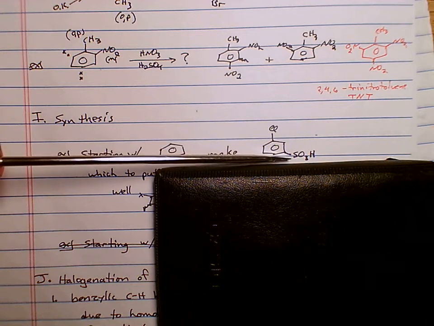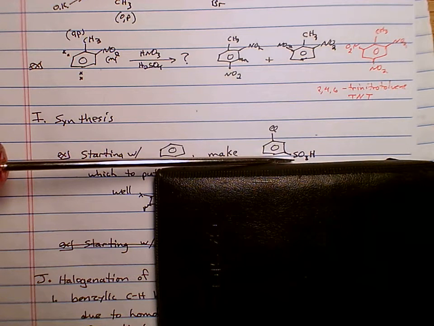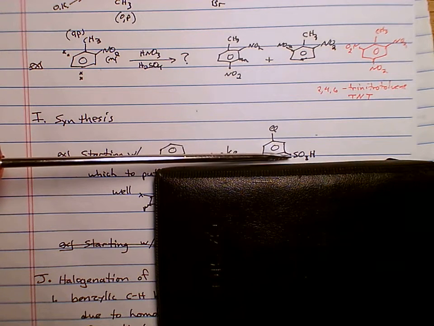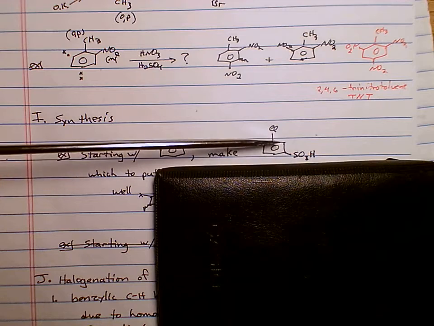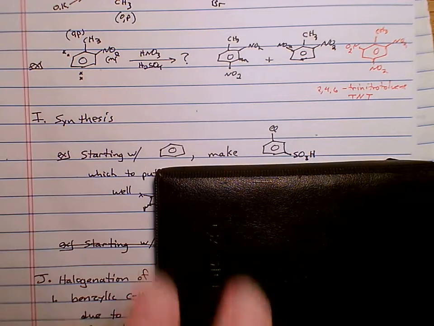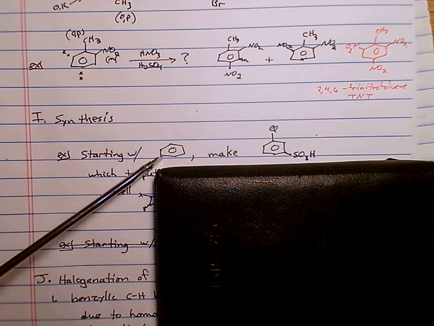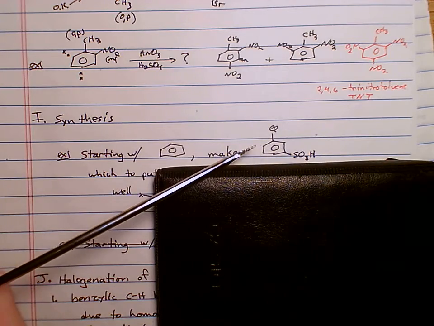So what would happen if we put the sulfonyl group on first? Sulfonyl is a meta director, which means we put the sulfonyl on first, and then we put the chlorine, because the sulfonyl will direct the chlorine to be meta. So starting with benzene, how do you make this molecule?